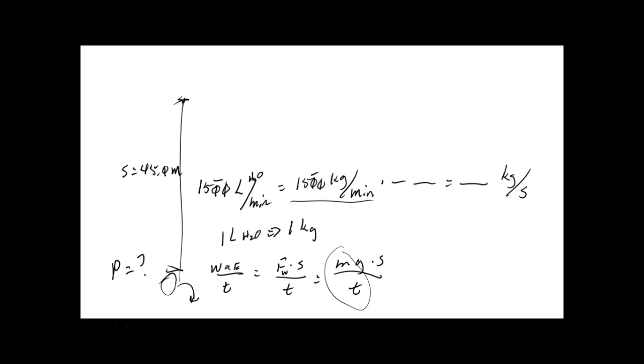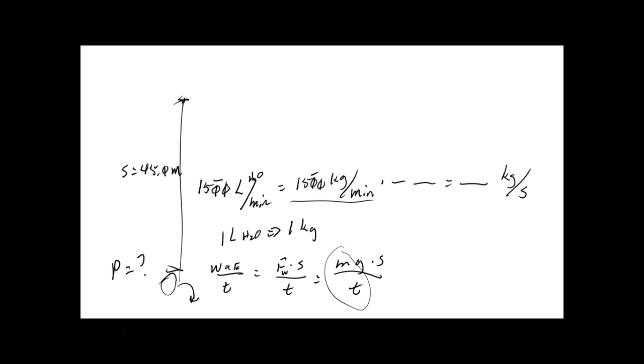Always put the units in their place. So what unit is going to need to go on top and bottom? The kilogram's not changing. You're changing minutes to seconds. So one's going to go on top and one's on the bottom.